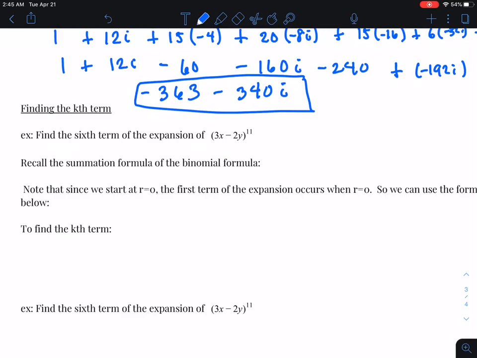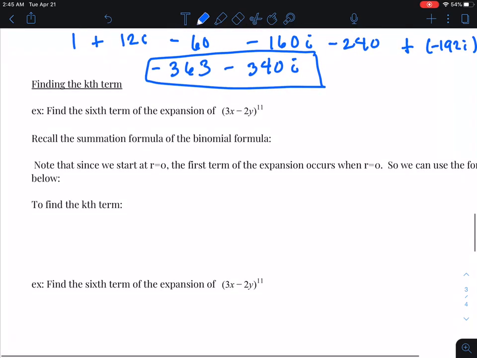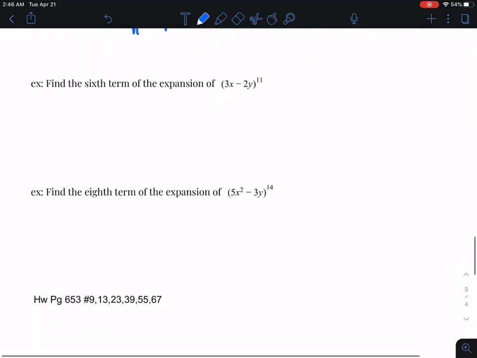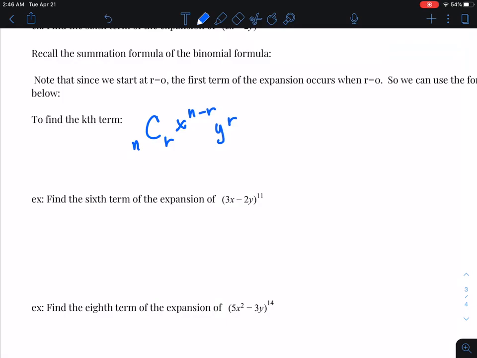One of the formulas we're going to use to find this is this: C, n choose r, x to the n minus r, y to the r. Okay, and that's what we're going to use here. All right, so example, finding the sixth term. We're just going to do that because, again, time is running low and it'll take forever for me to load up. We can do the other ones in class if you like.